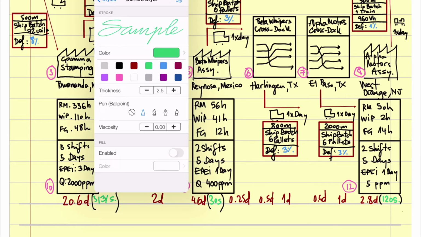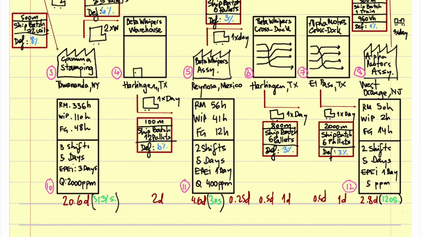The next one is 0.3 days, and that's about it. Here I have still 1 day.